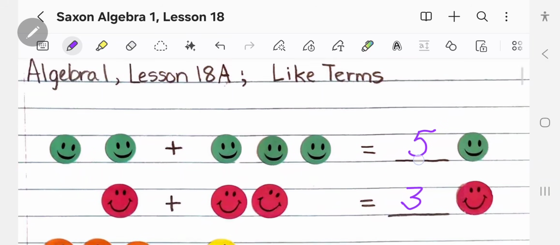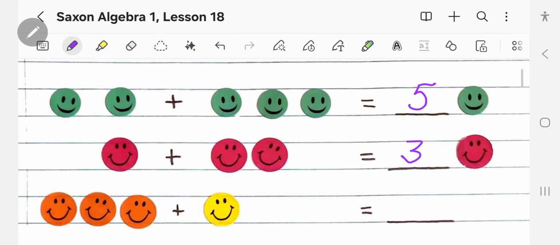Let's look at another one that's a little different though. What if I have 3 orange smiley faces plus 1 yellow smiley face? What do I write? Well, I can't put 4 orange smiley faces because I don't have 4 orange. And I can't put 4 yellow smiley faces. And I can't say I have 4 orange yellows because I don't.